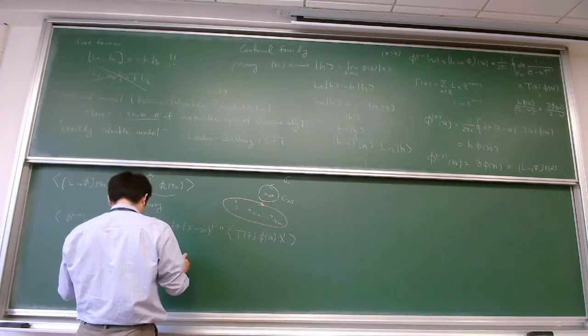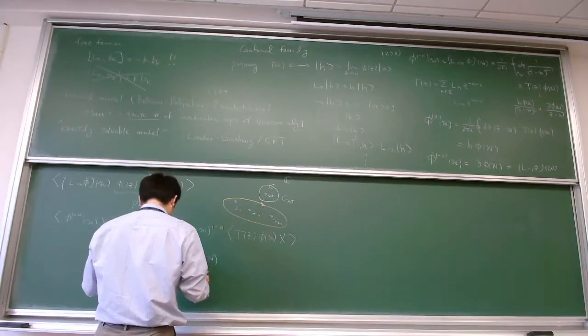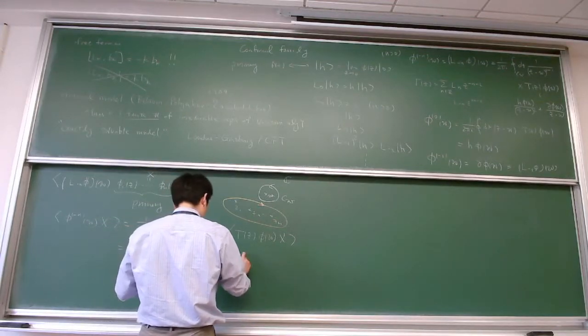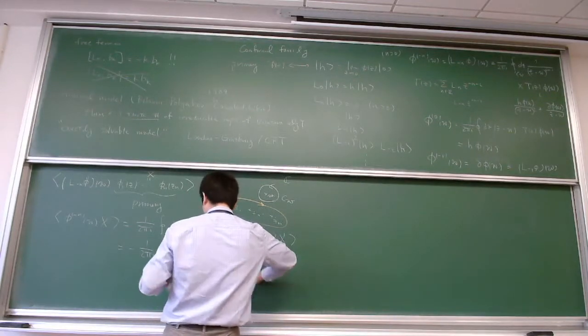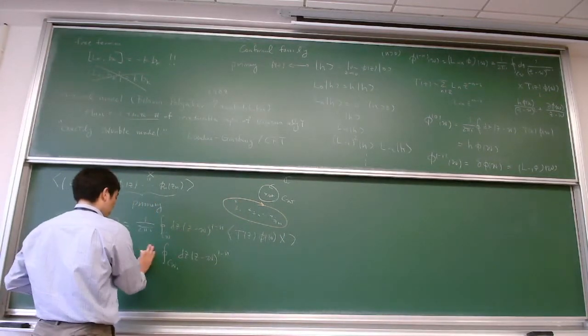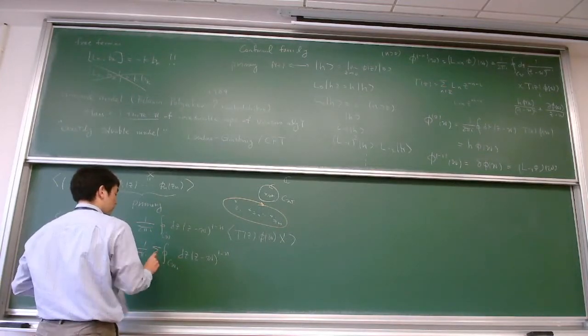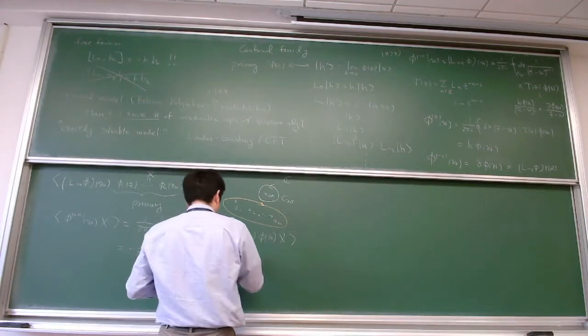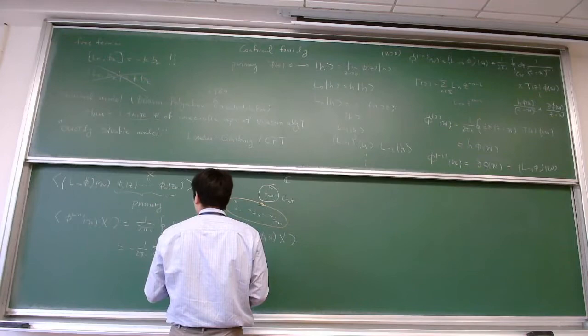I mean dz. So I've been a bit schematic. My expression is not that precise, but anyway, maybe I should put the i here. And then now we have 3 minus, oh my goodness.